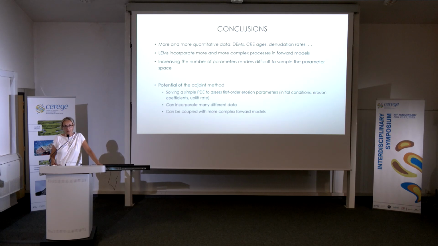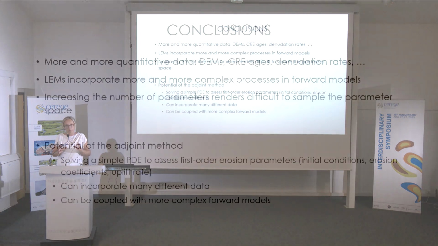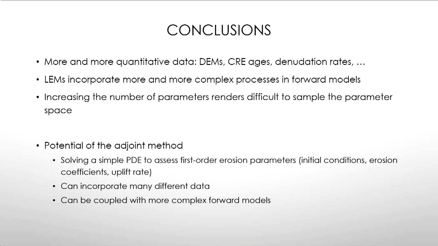But there is a potential in a gradient method like the adjoint method to assess first-order estimates of these main landscape evolution parameters, which we can then couple with more complex forward models once we have resolved the first-order value of these coefficients. Thank you.